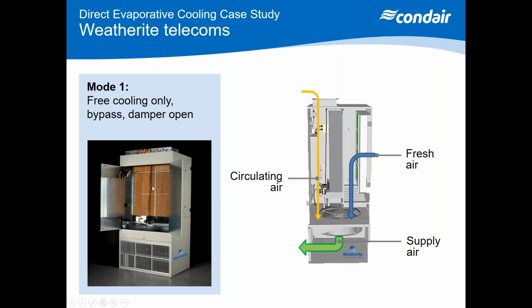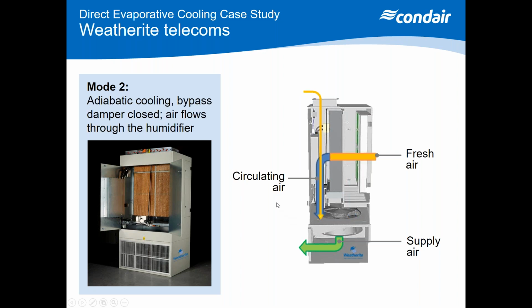What you can see in the picture on the left-hand side, inside the unit, is the glass fibre evaporative matrix that is brought into play when evaporative cooling is required. When we can't satisfy the cooling demand with purely fresh air, we then go into mode 2 evaporation, where adiabatic cooling is required.